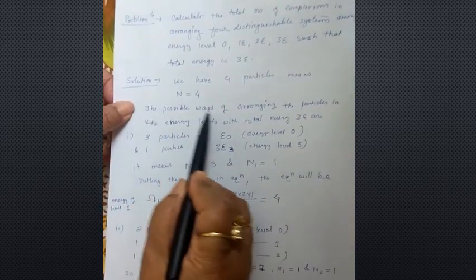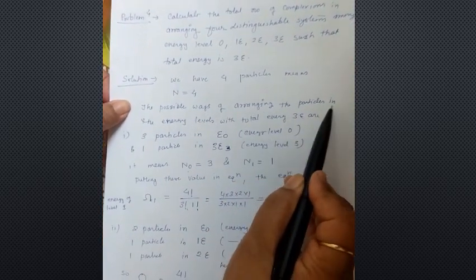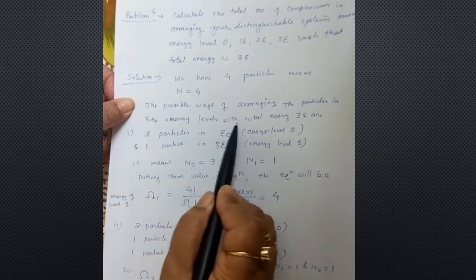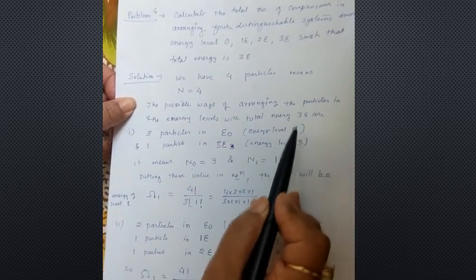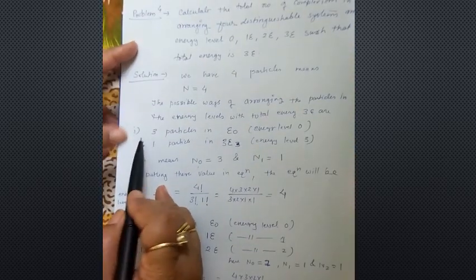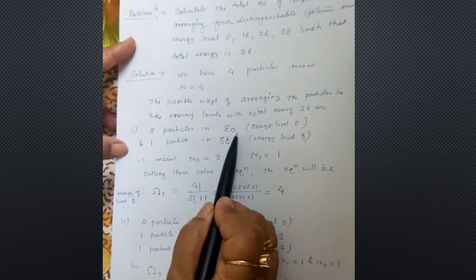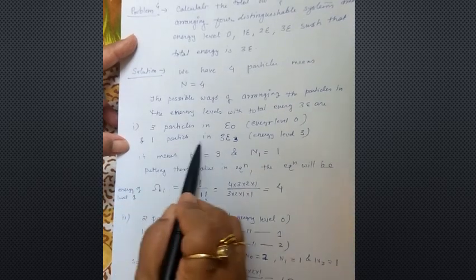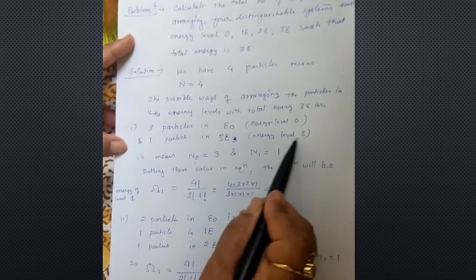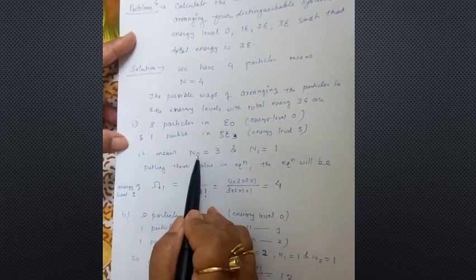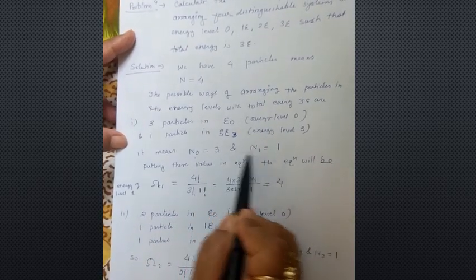The possible ways of arranging the particles in the energy levels with total energy 3E are: the first way is 3 particles in energy level 0 and 1 particle in energy level 3. It means N0 is equal to 3 and N1 is equal to 1.